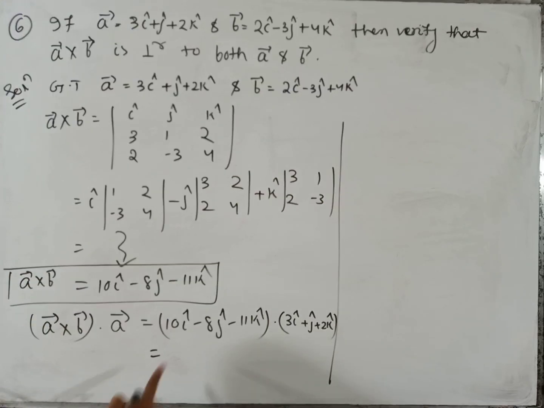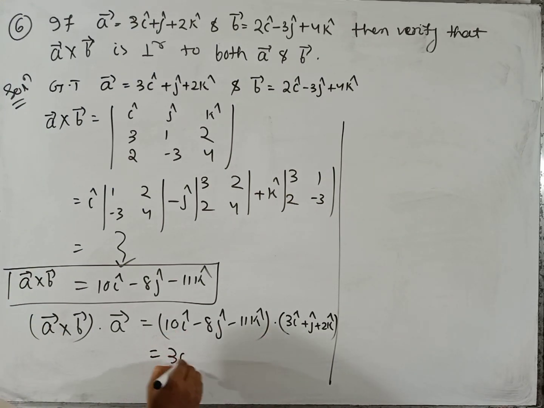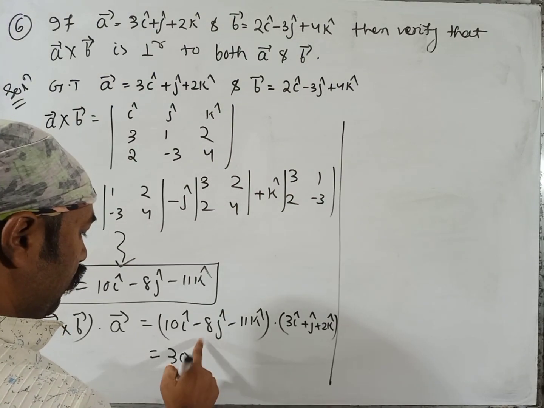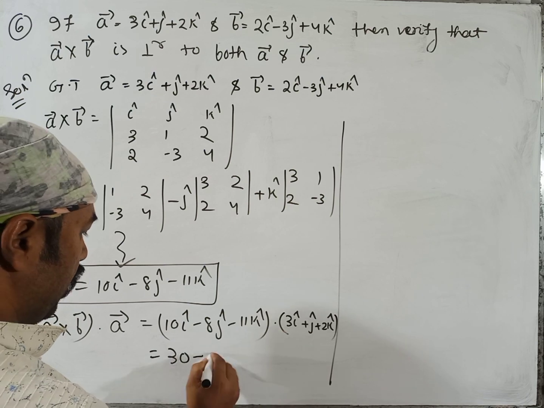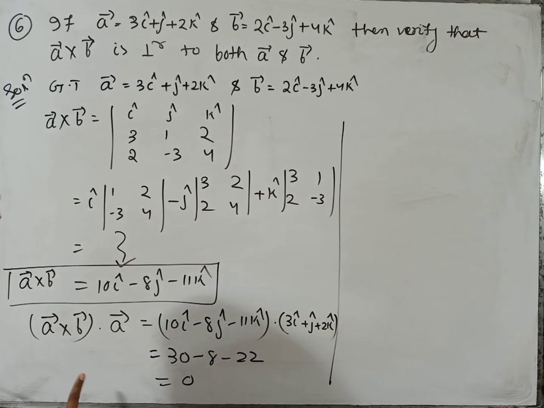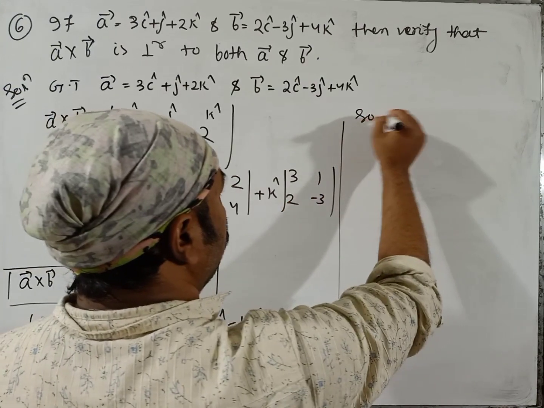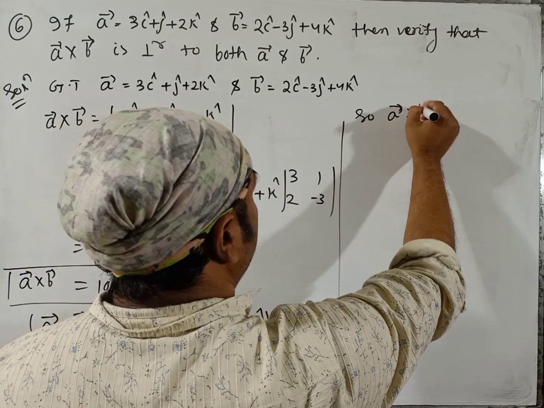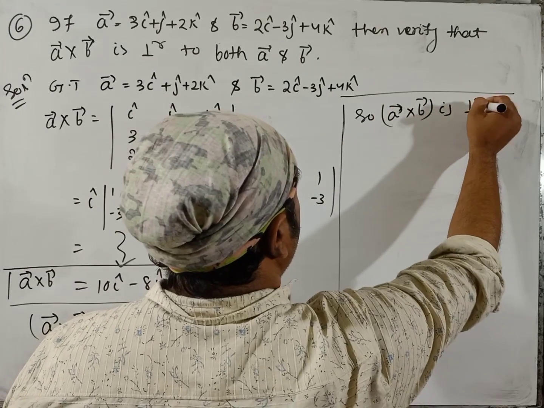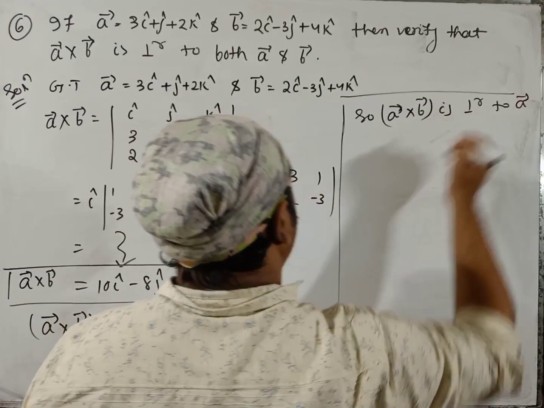It will be equal to 10 into 3, it is 30. We just have to multiply the coefficients of the same unit vector. 10 into 3 is 30, minus 8 into 1 is 8, minus 11 into 2 is minus 22, it is 0. So A vector cross B vector is perpendicular to A vector.